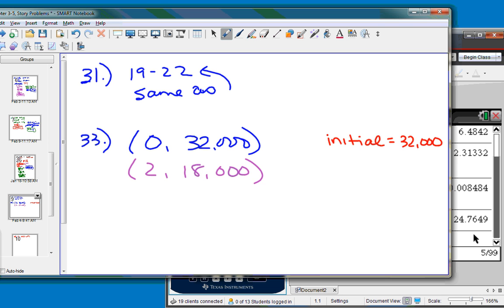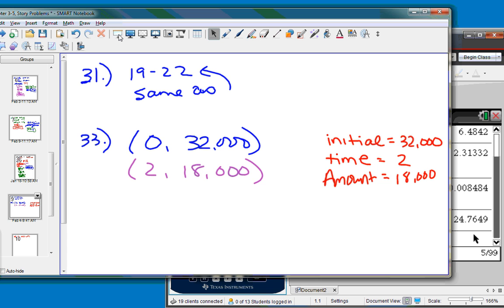What's my time? 2. And what is my amount after 2 years? 18,000. Now what are you missing there? Your rate. So you can get an exponential function out of that, can't you?